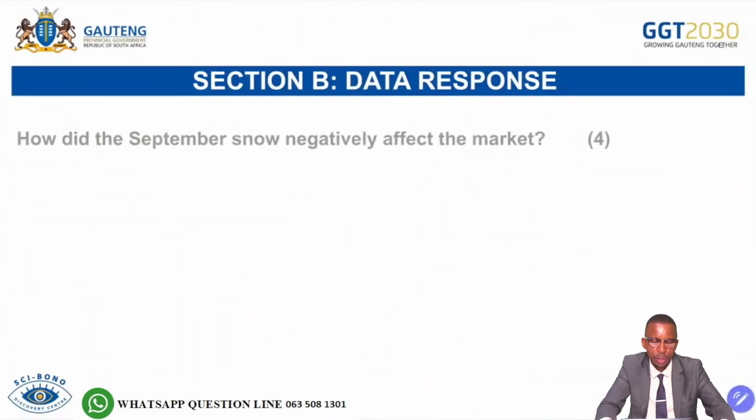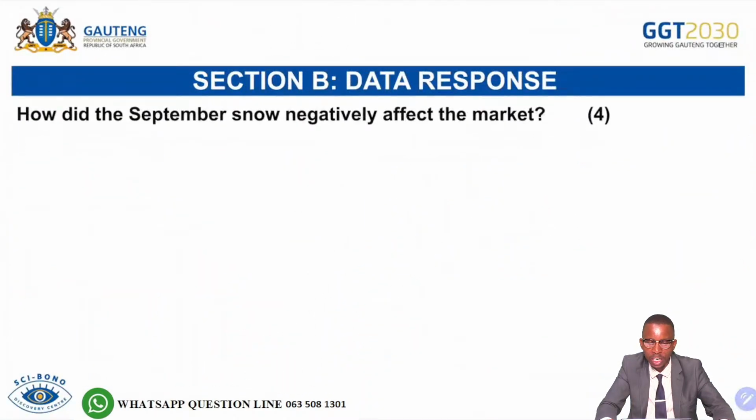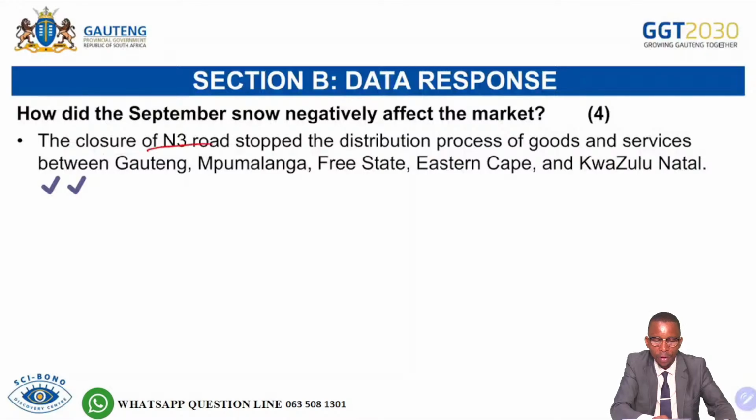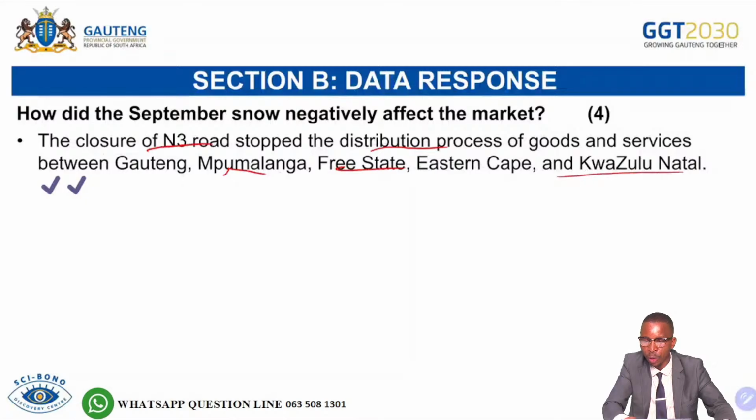And then we continue. How did the September snow negatively affect the market? So remember, the road was closed. There was no distribution of goods and services. And then also in the area surrounding the road, we had firms shutting down, so there was no production. The closure of the N3 road stopped the distribution of goods and services between Gauteng, Mpumalanga, Free State, Eastern Cape, and KwaZulu-Natal.